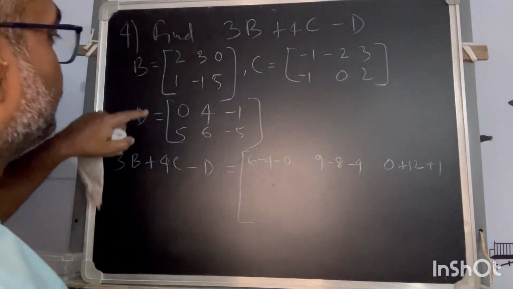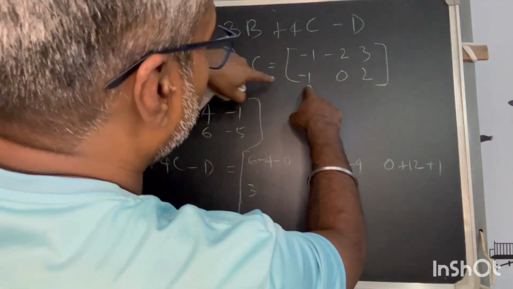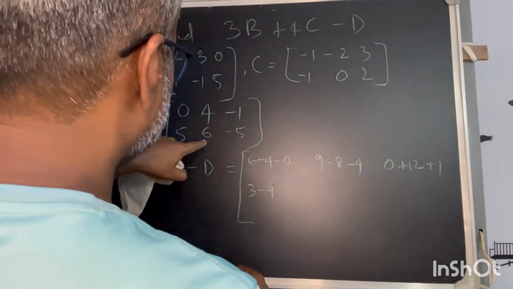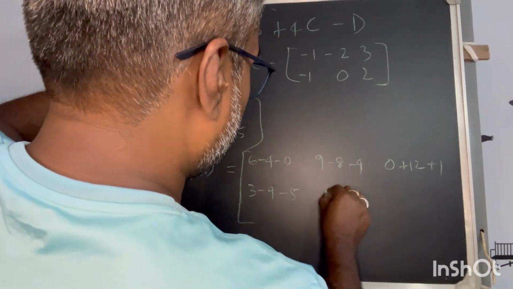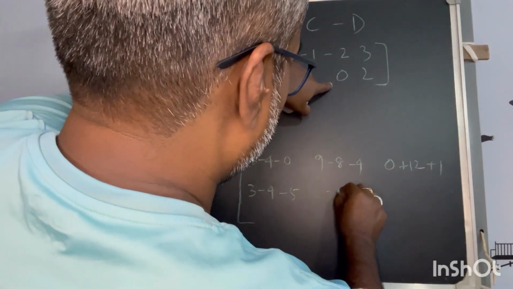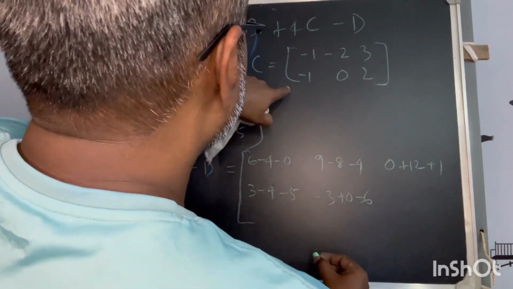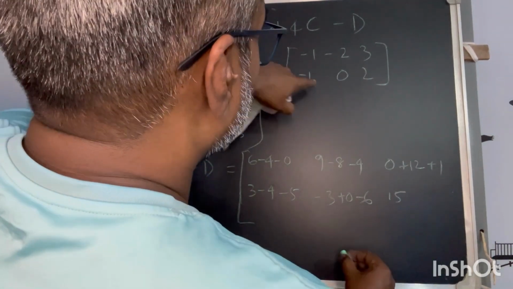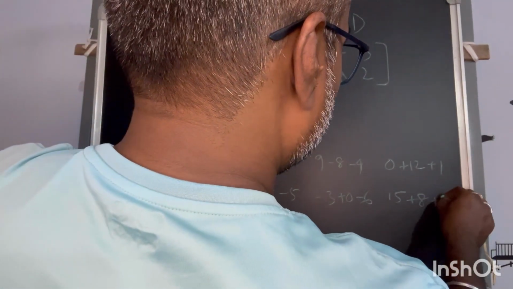This is the last row. This is 3 into 1, 3. 4 into minus 1, minus 4. Minus d means minus 5. Then 3 into minus 1, minus 3. 4 into 0, plus 0, minus 6. 3 into 5, 15. 4 into 2, 8. Minus of minus 5 means plus 5.